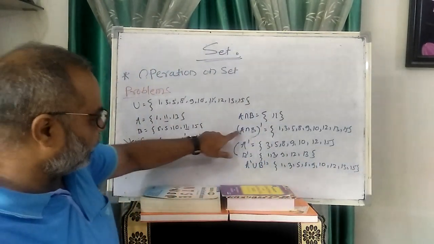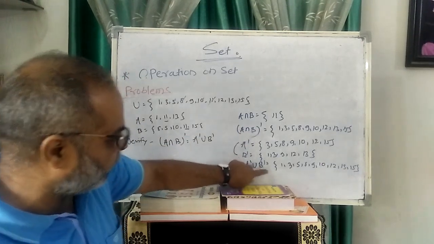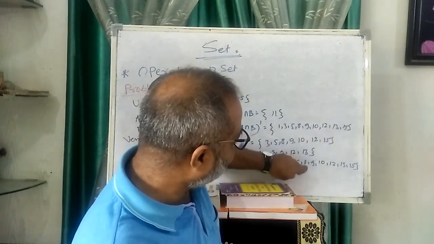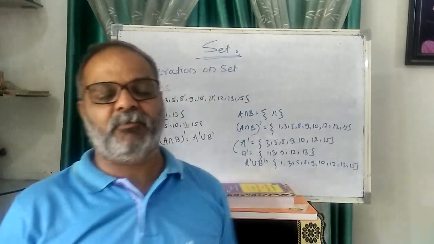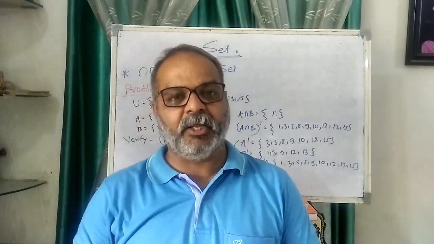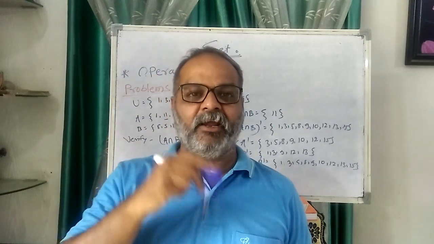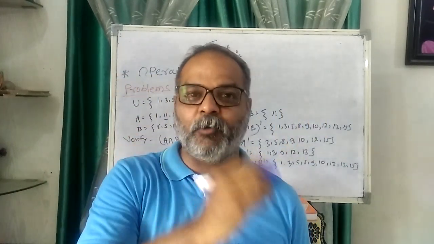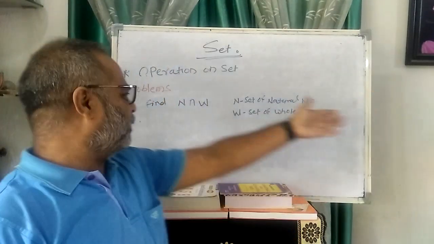Now look here, A intersection B complement and A complement union B complement give the same elements: 1, 3, 5, 8, 9, 10, 12, 13 and 15. So this is De Morgan's law that we are proving: A intersection B complement is equal to A complement union B complement.